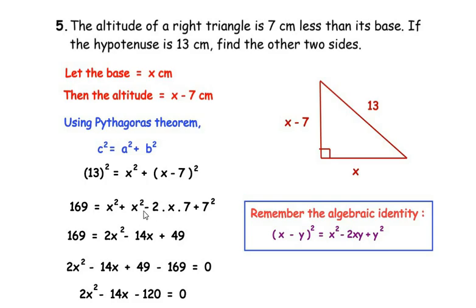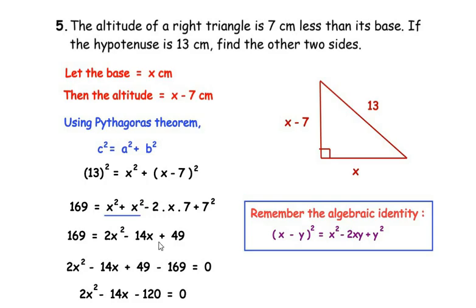Now simplifying this equation we get 169 is equal to, now x square plus x square, they both are like terms, giving us 2x square minus 2 times x times 7 gives us 14x plus 7 square is 49. Now in the next step we have taken 169 on the right hand side.